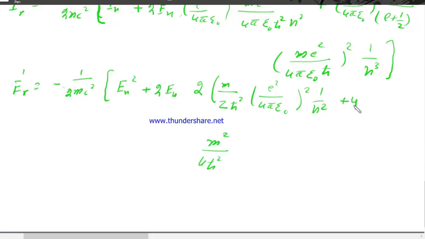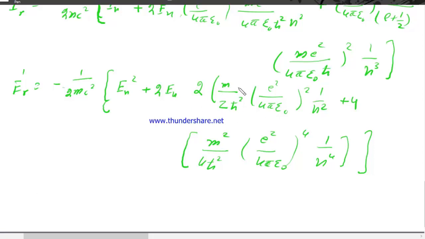Here we produce 4, then e² divided by 4πε₀ to the power 4 and 1 over n⁴, and then we can write this one.